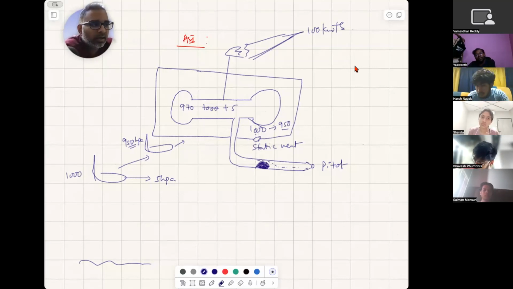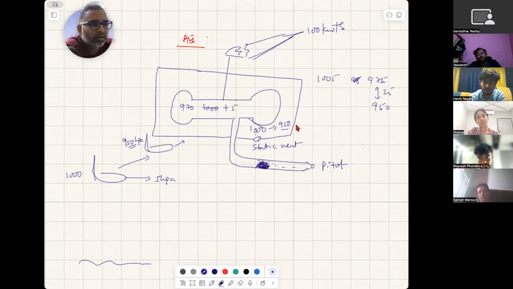So how much is inside? 975. And how much outside? 950. What is the difference? 25. So how much was it before? 1005 inside, 1000 plus 5.